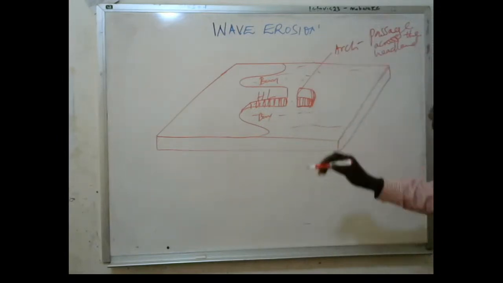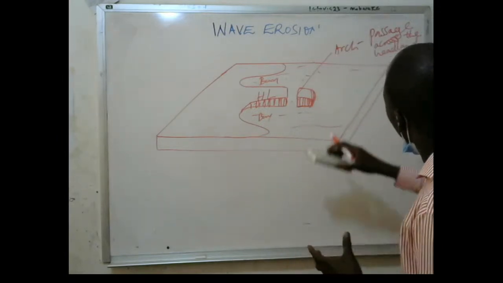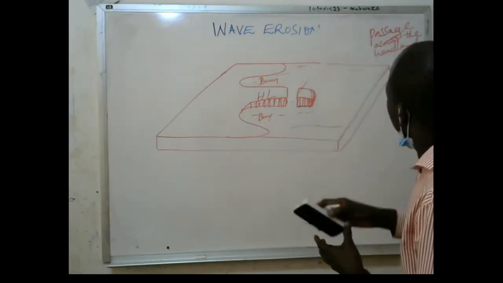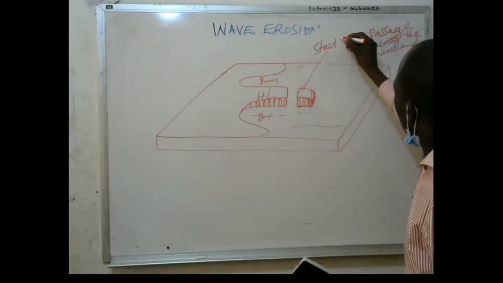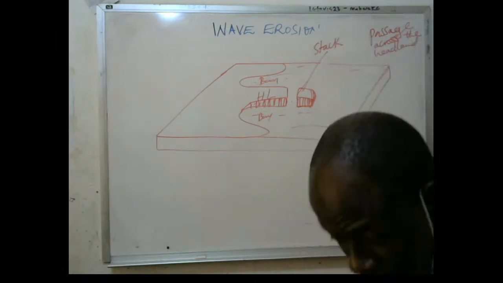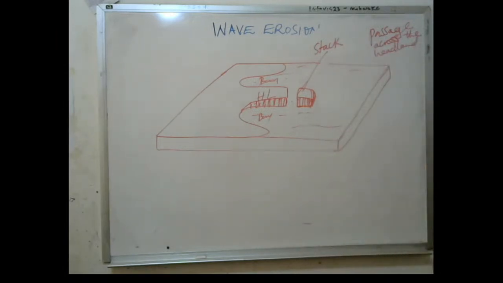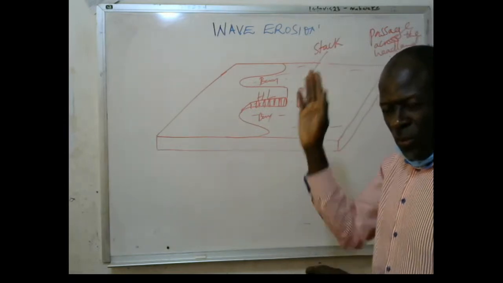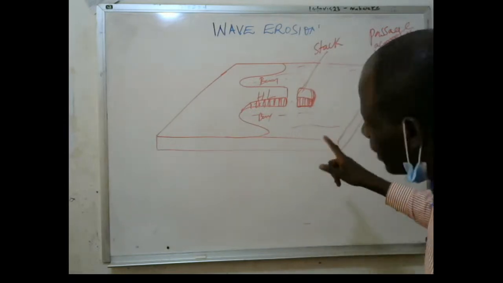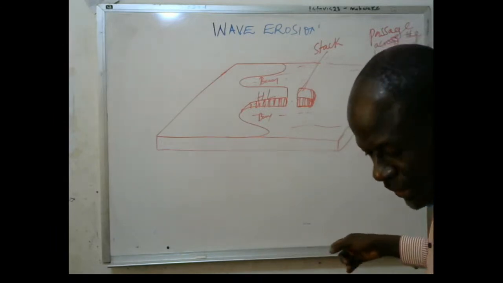So it forms what we shall call the stack. So this one turns into a stack. So we can see from the headland we have got an arch. Now from the arch, the stack has come into existence. So when the roof of the arch collapses, the stack comes into existence.